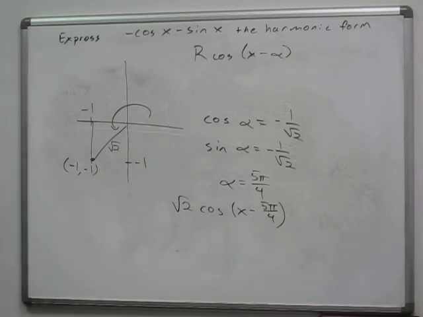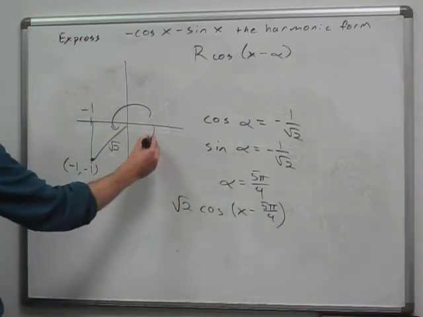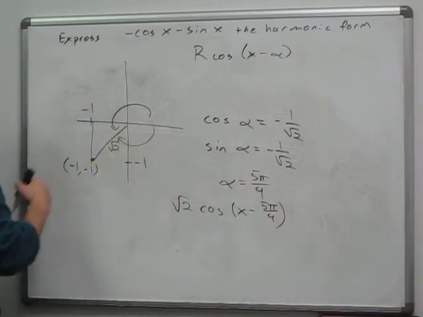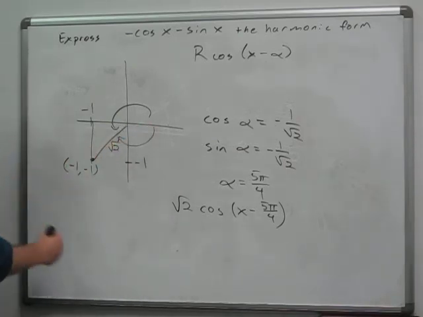But at this point I'd like to point out that there are other angles that satisfy these two equations. For instance, we could have used this negative angle here, right? We could have used negative 3 pi over 4.